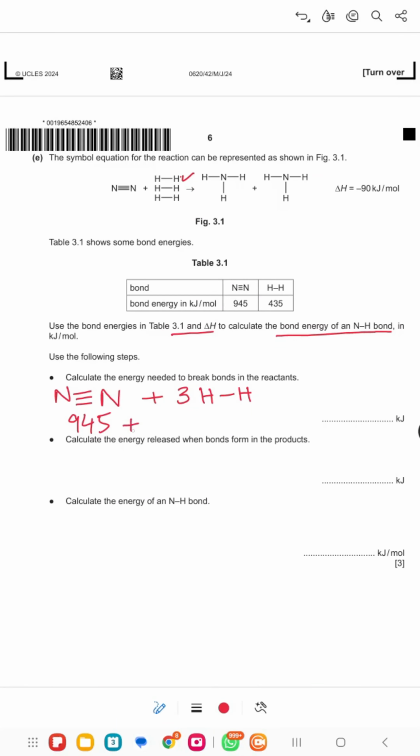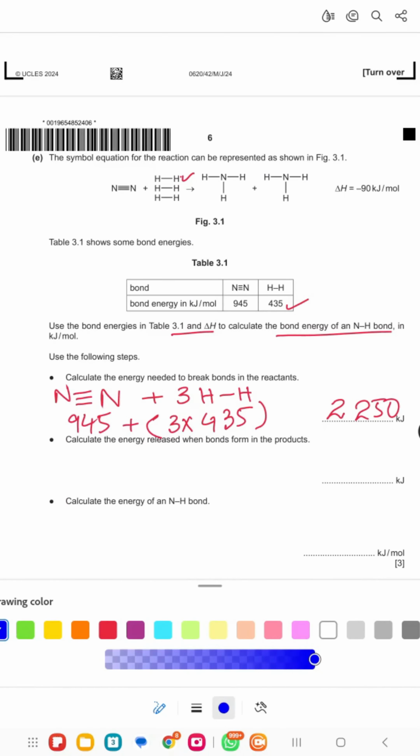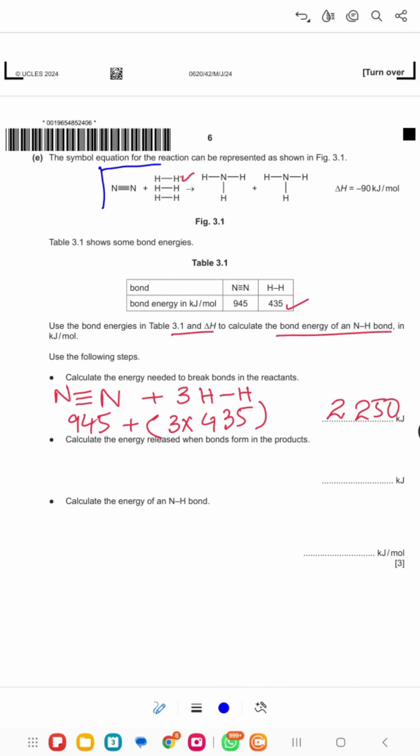So we will multiply 3 by the energy of H–H, which is given as 435. Let me calculate it. 945 plus 3 times 435. The answer is 2250. You have to remember one thing here: on the reactant side all the bonds are broken.